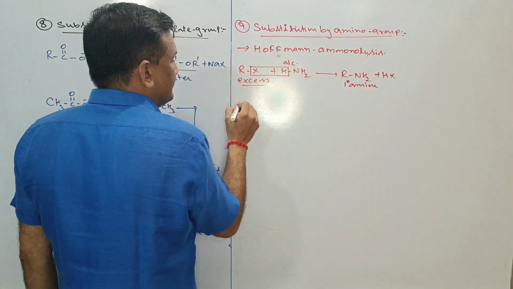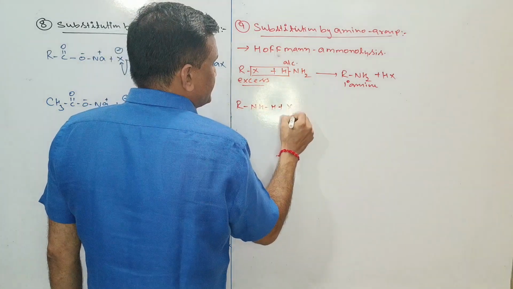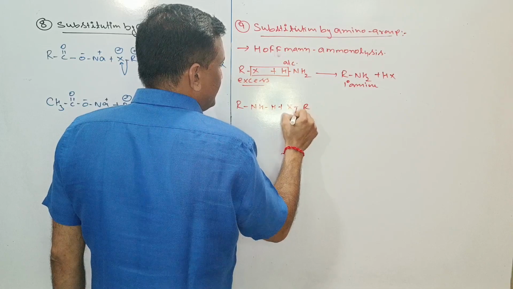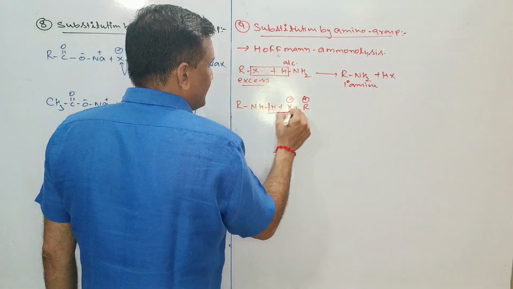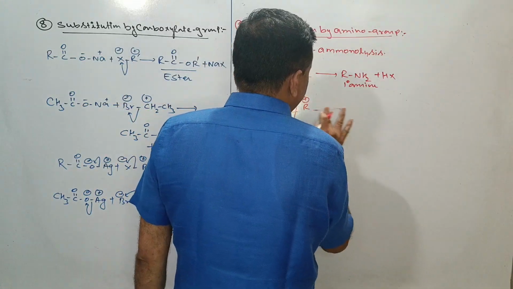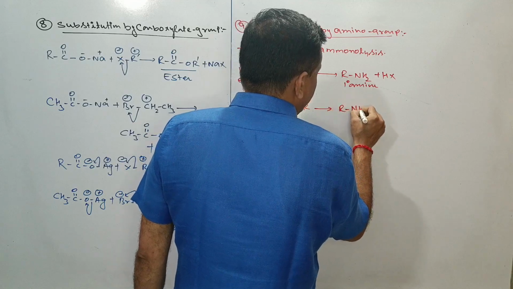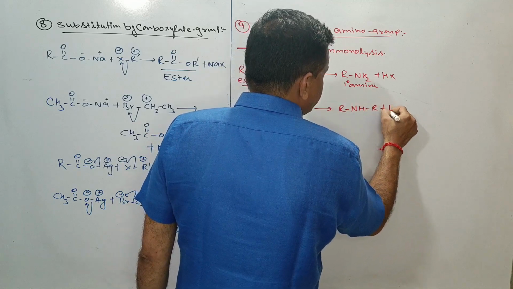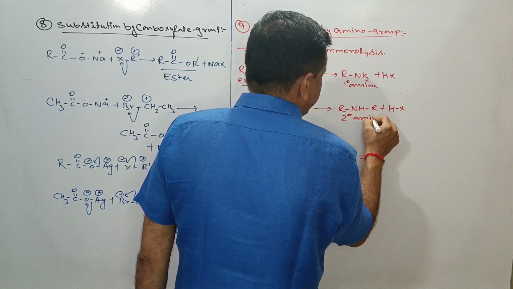This is the 1 degree amine again. This is your alkyl halide, another molecule. The electronegativity of X is greater than R. Here will be removal of HX. So formation of again the 2 degree amine like this, RNHR plus HX. This is your 2 degree amine.